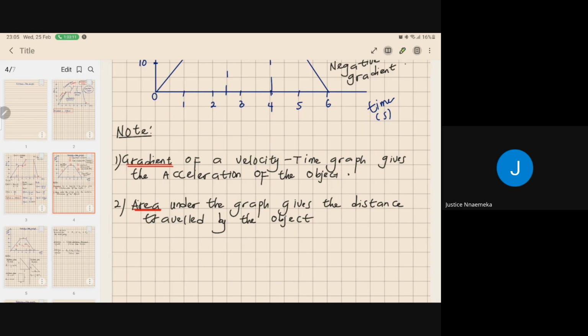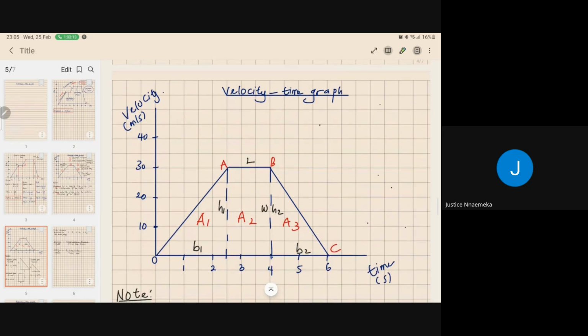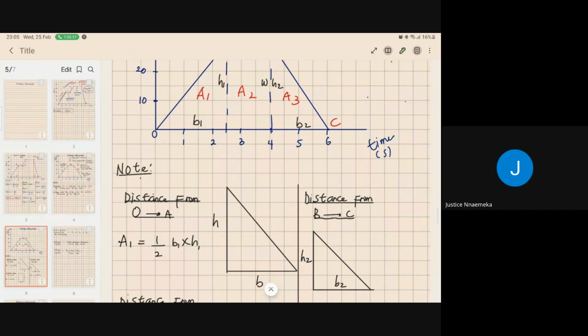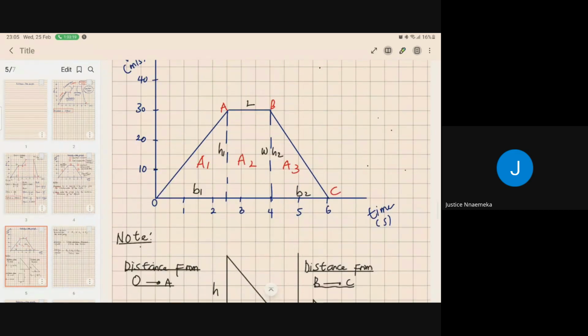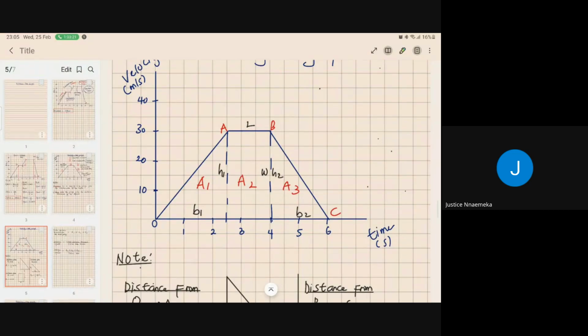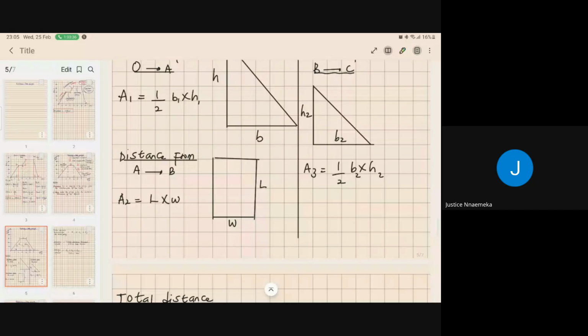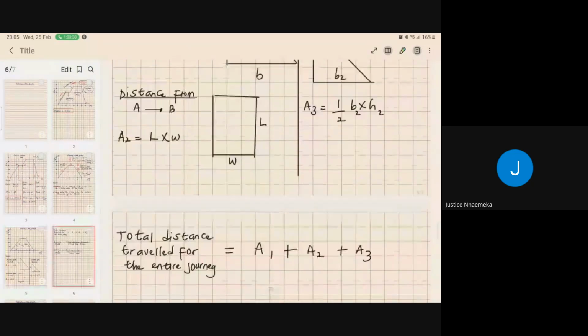After that, I gave an example and spoke about how to get the distance traveled for each of them. Sometimes it can form a trapezium, it can be a triangle, but basically it revolves around trapezium and triangle. So look at the shape of the graph, then add them accordingly. So A1, A2, A3. That's the way you can estimate.